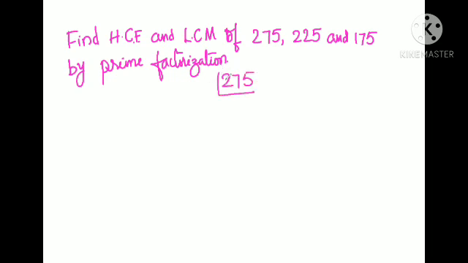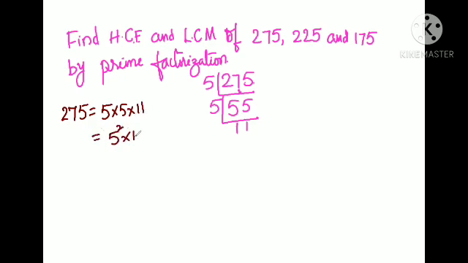It is divisible by 5 because the units digit is 5 here. 5 5 are 25. Now 5 11 ja. Now we got a prime number, 11. So 275 can be written as 5 into 5 into 11, that is equal to 5 square into 11.